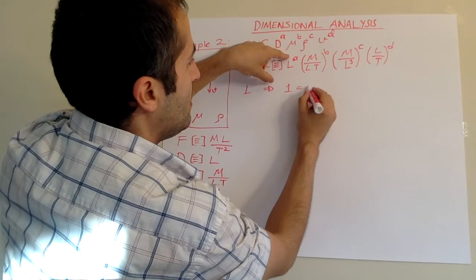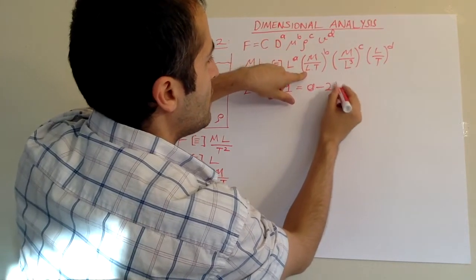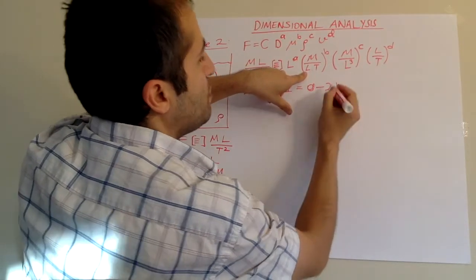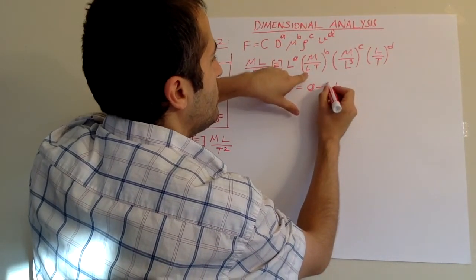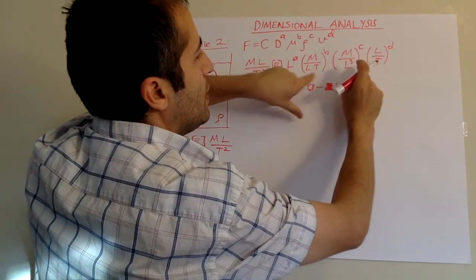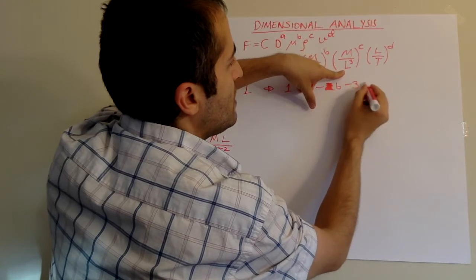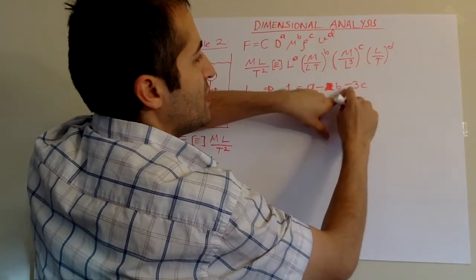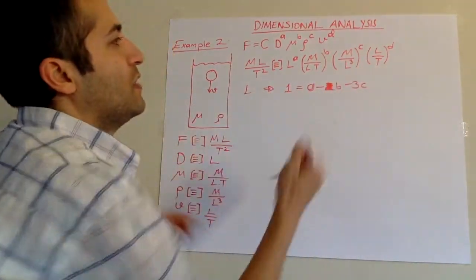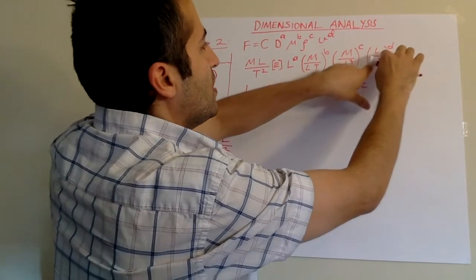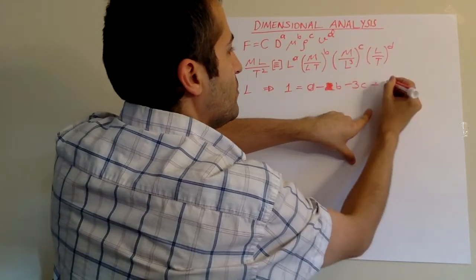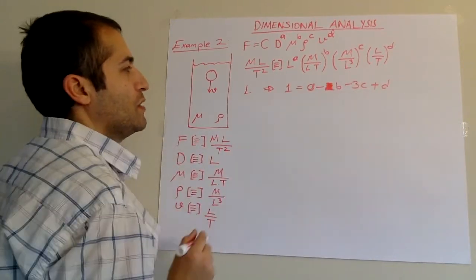So it's a minus b, because it's in the denominator, that's why it's minus. It's b, sorry, it's not 2b, it's b. Let me cancel this one. And minus 3c, because it's in the denominator, it's minus, and we have c, and we have the power of 3, so they're multiplied. And we also have, actually, I missed this one, we also have L to D, so we have plus D. This is our first equation.